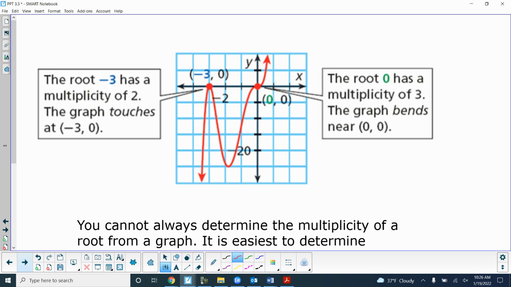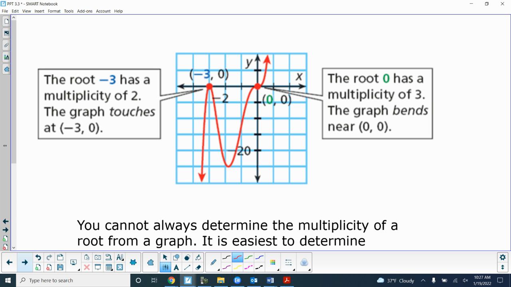Okay, so let's look at a picture of a graph. This graph bounces off at -3, 0. So I know that this has even multiplicity, so it works at least 2 times. They say it has a multiplicity of 2, so they told us that. As it crosses at 0, 0 here, you can see a little bend in it, right?